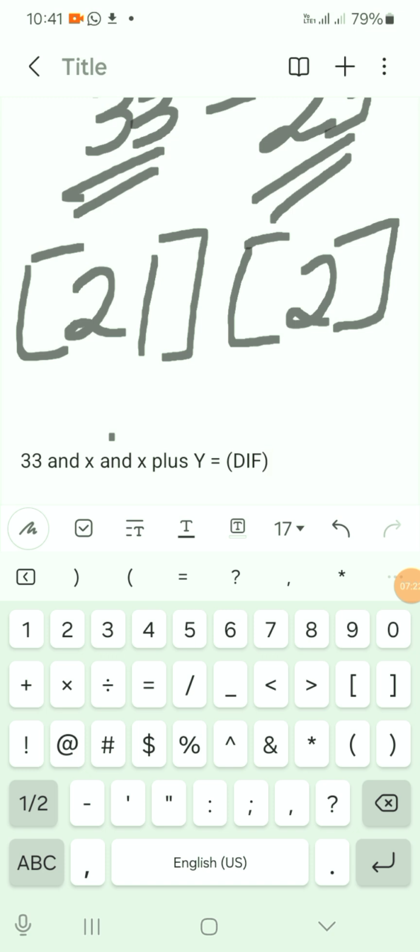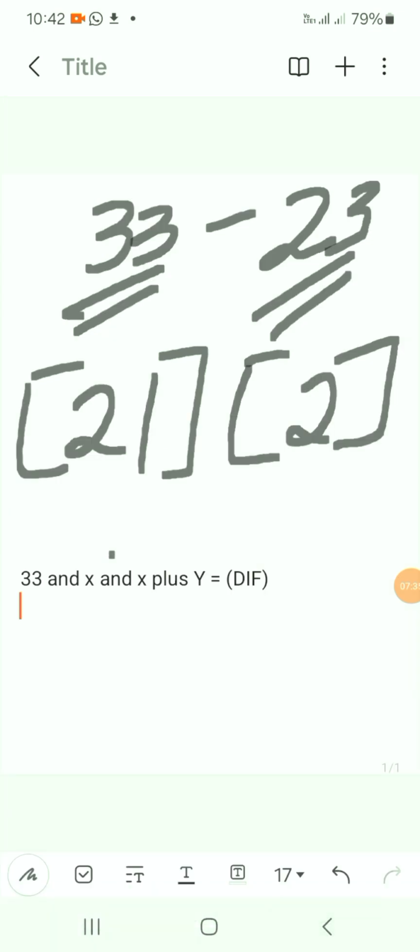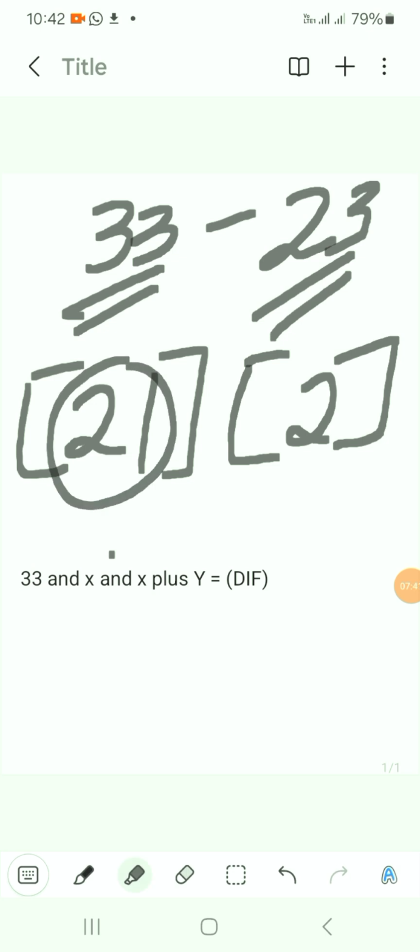With 21 once we have found our difference, right? Let me go on my calculator now. Remember, here on the formula, we are looking for the difference. Once we have found our difference, we are going to add that difference with this 21, right?